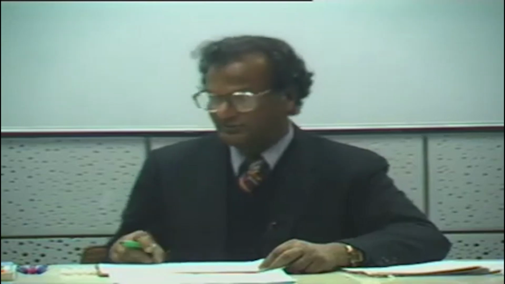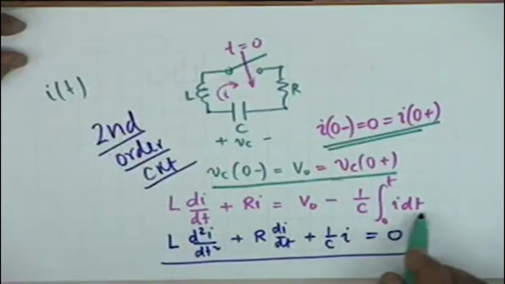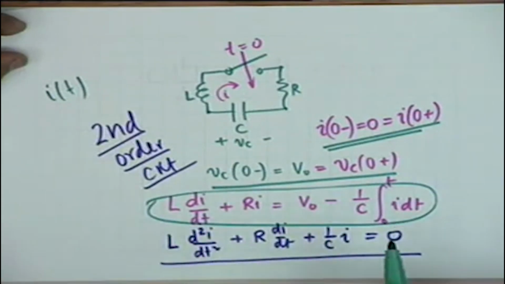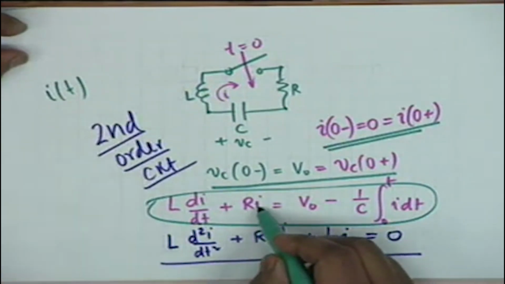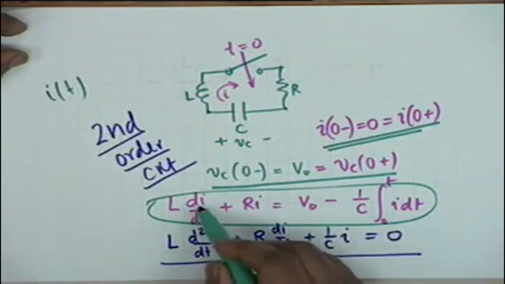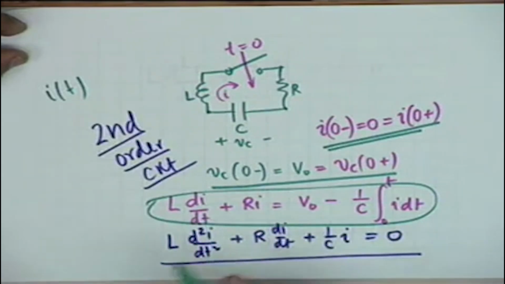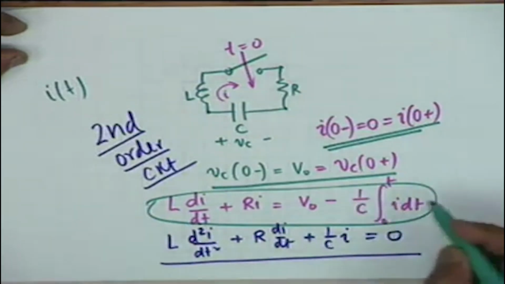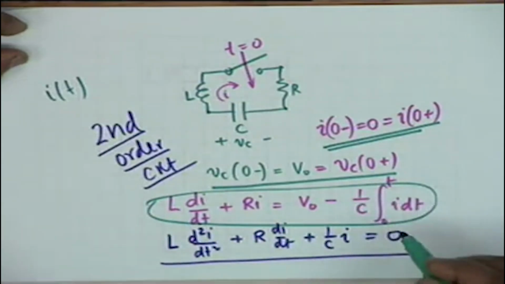This is very illuminating by looking at this equation. Let us consider t equal to 0 plus. At t equal to 0 plus, what is the value of i? It is 0. di/dt is not necessarily 0. i can be 0, but it can be rising. And what about this integral? 0.